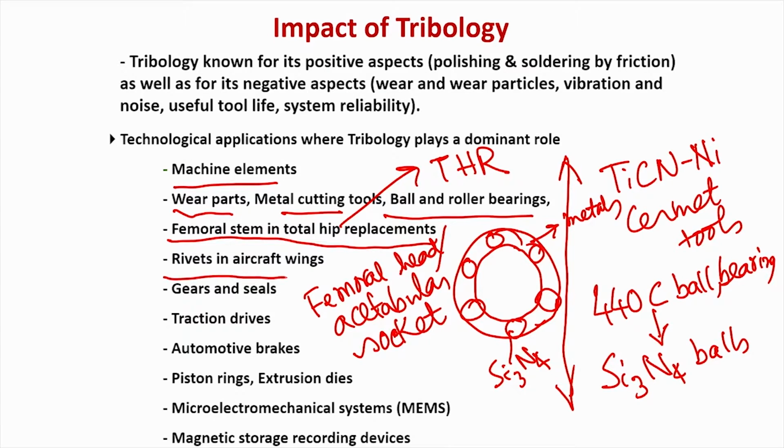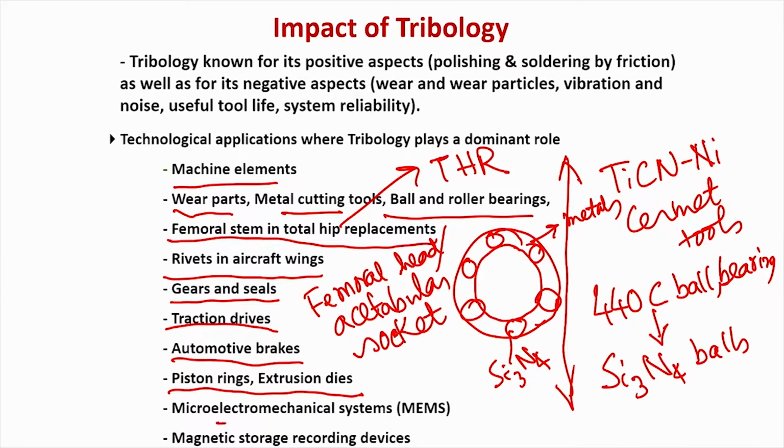Then rivets in aircraft wings, that is also a place where tribology plays an important role. Gears and seals, that is important. Traction drives, automotive brakes, piston rings, extrusion dies. Extrusion dies are used for metal extrusion, and depending on the frictional force, this frictional force plays an important role there.